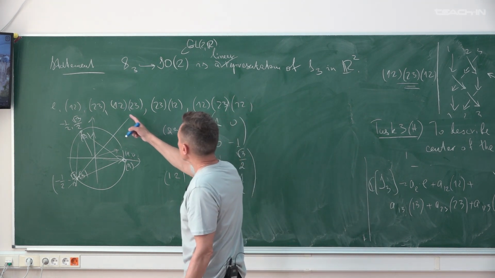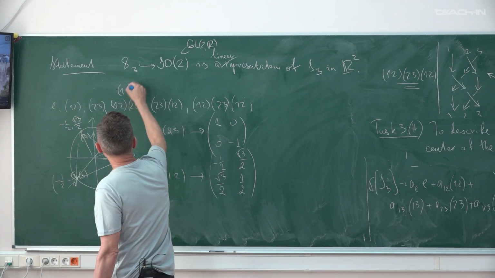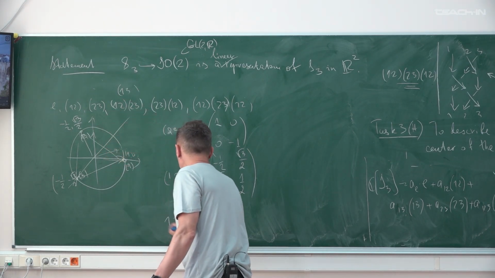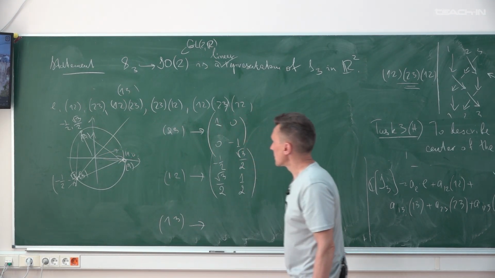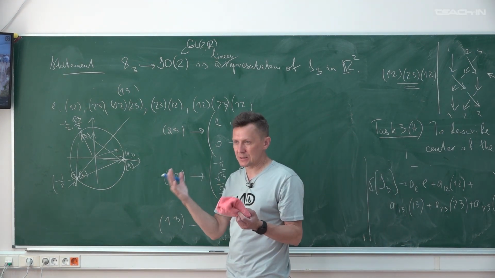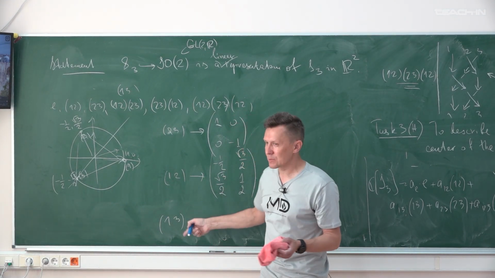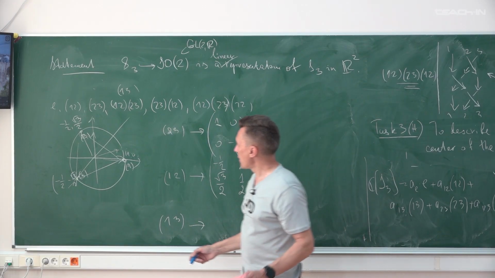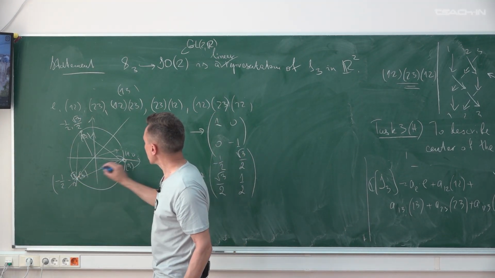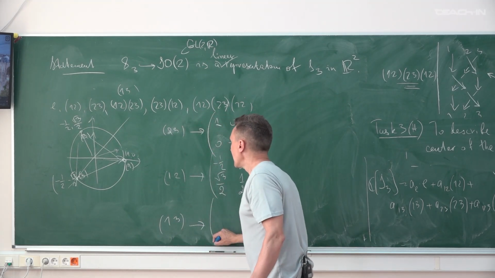What's the image of this element? 1, 3. But by definition, we have this. This is just a question to compare the product of matrices and the product of generators.